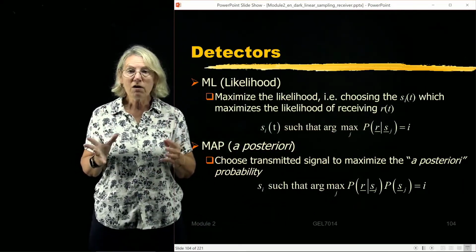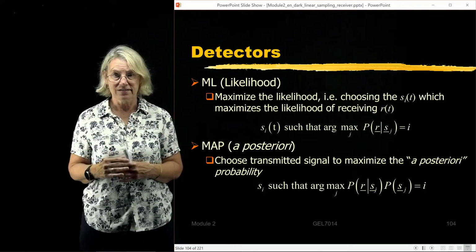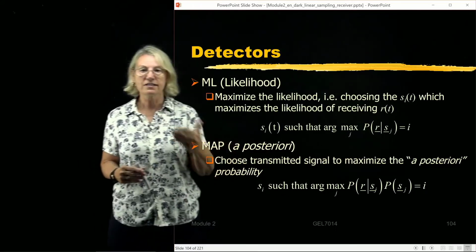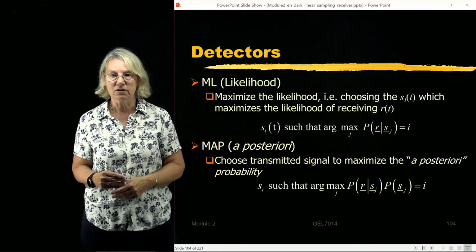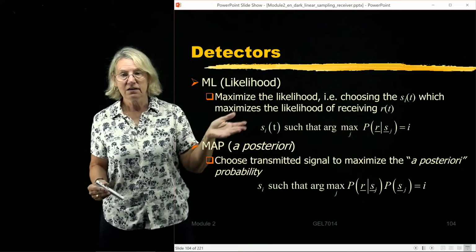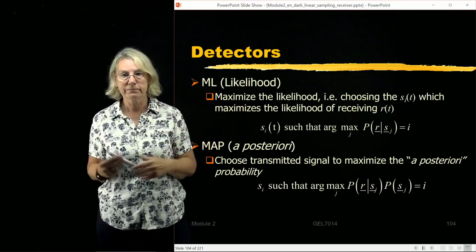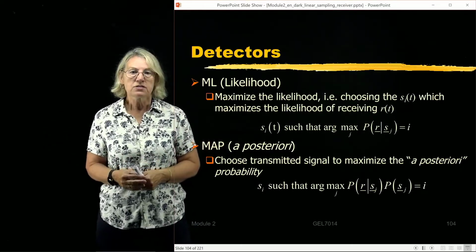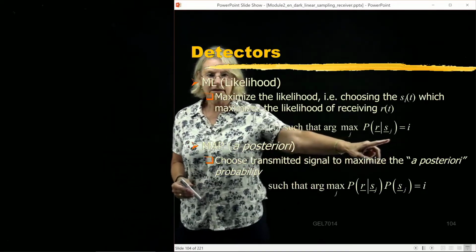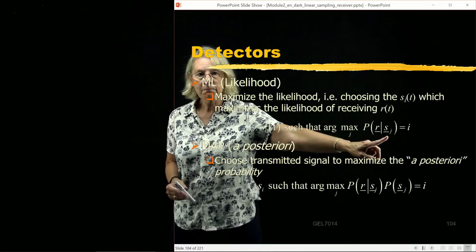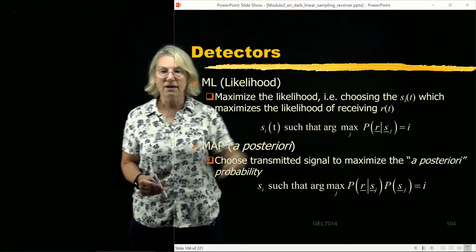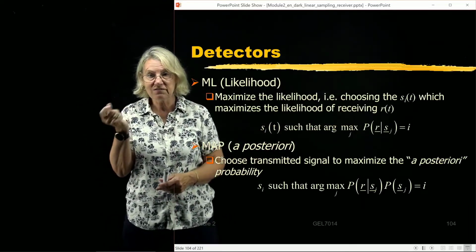Before, we had the scalar case: instead of a vector representation of the received waveform, we had one sample after a linear receiver, a scalar test statistic conditioned on one of the M symbols being transmitted. So the one strategy is to look at this likelihood function and pick the symbol that gives us the largest probability when we plug them in one after the other for the particular received vector that we have.